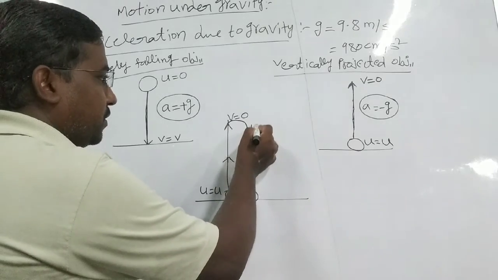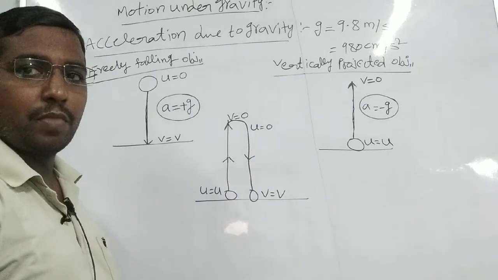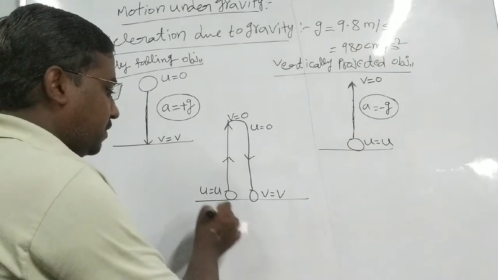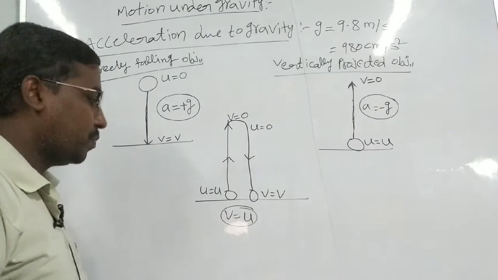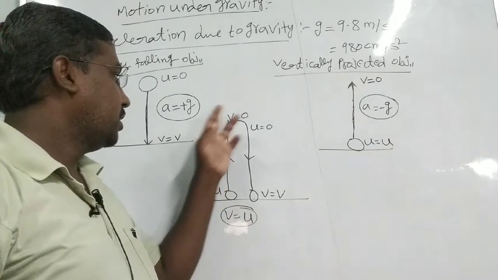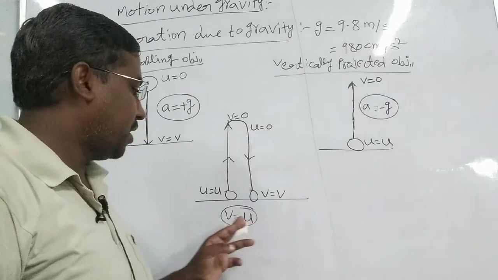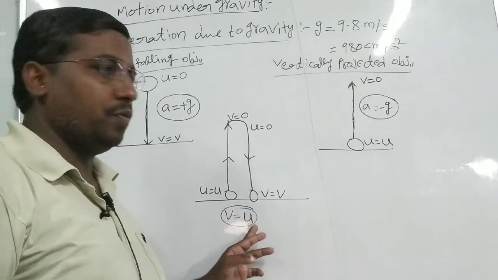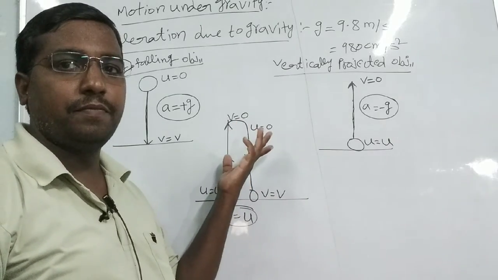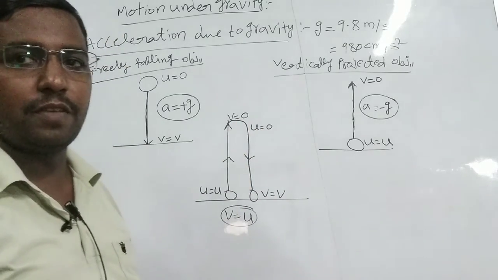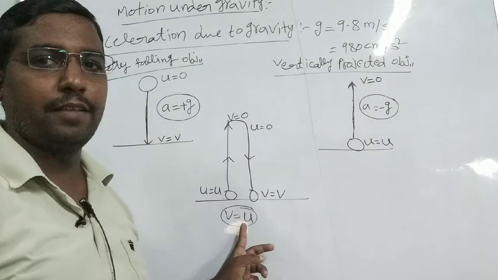At the return position, the initial velocity is 0 but the final velocity is v, and we say v equals u, since it returns with the same speed it was projected with. Similarly at this position also v equals u. So there are three very important points.